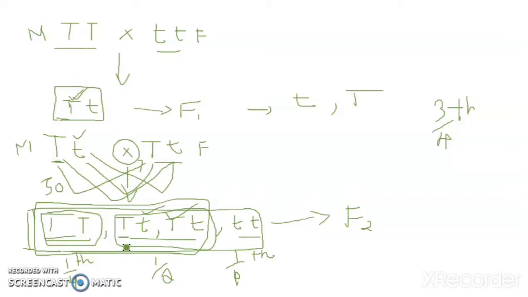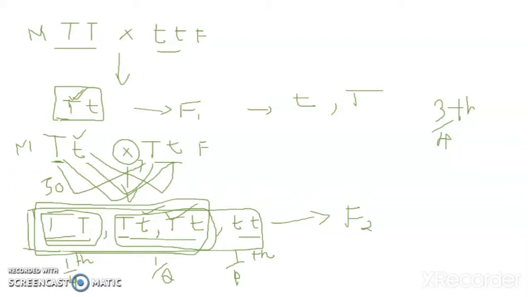And in the F2 generation, 3/4 of the plants are tall, though genotypically 1/2 are capital T small t and only 1/4 are capital T. So this led to a phenotypic ratio of 3:1, but a genotypic ratio of 1:2:1.